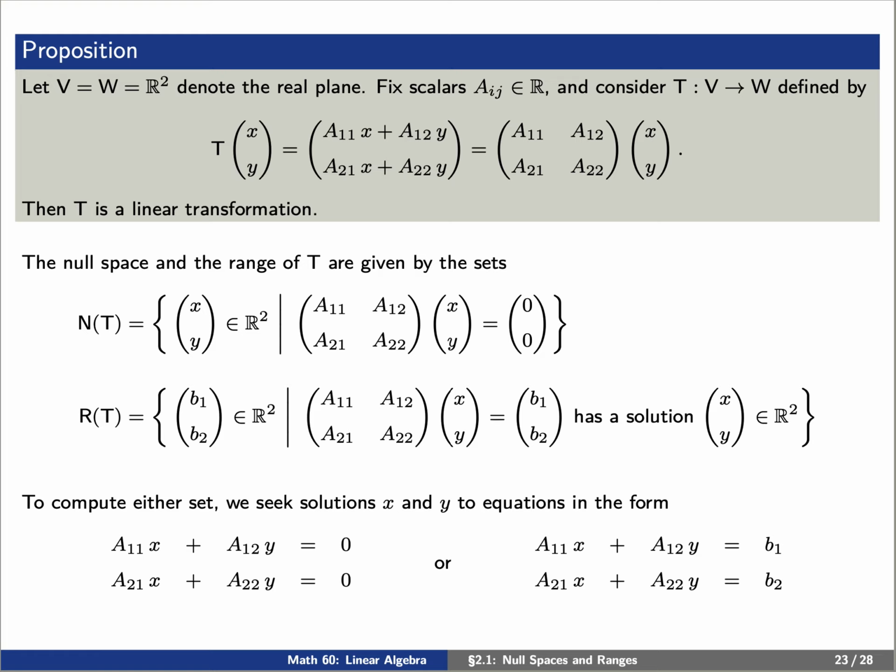Simply put, if we can find all solutions for the system on the left where everything equals 0, then we'll find the points in the null space. For the system on the right involving b1 and b2, all that we're asking is whether there does exist a solution. If one does, then the vector (b1, b2) is in the range. If one does not, then that means the vector (b1, b2) is not in the range.